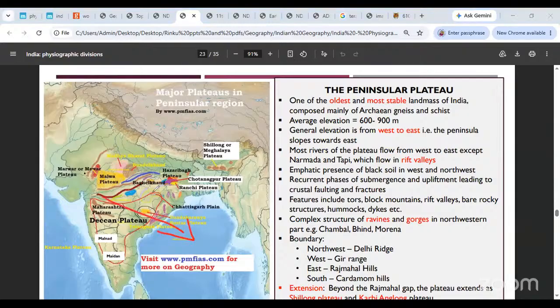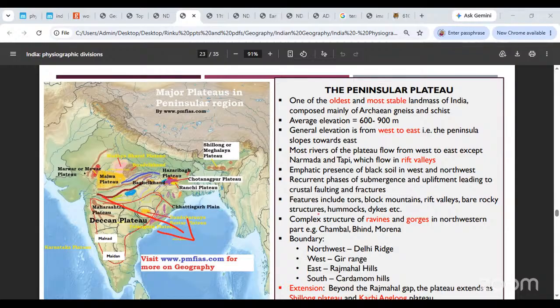But you will find two major rivers, Narmada and Tapi, which flow from the east towards the west because they flow through rift valleys. They follow their own path rather than the slope of the plateau.